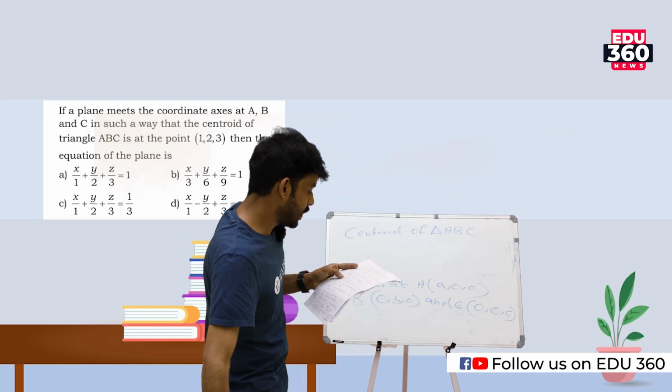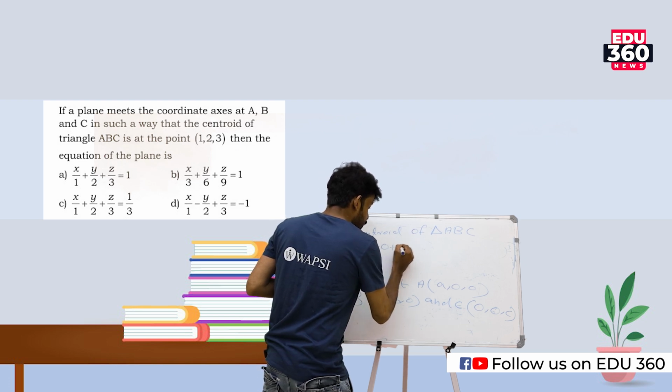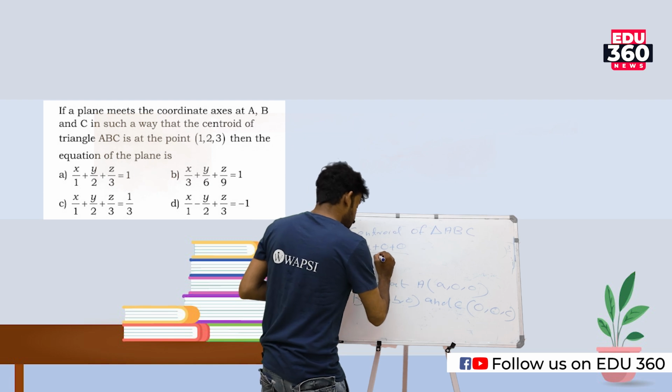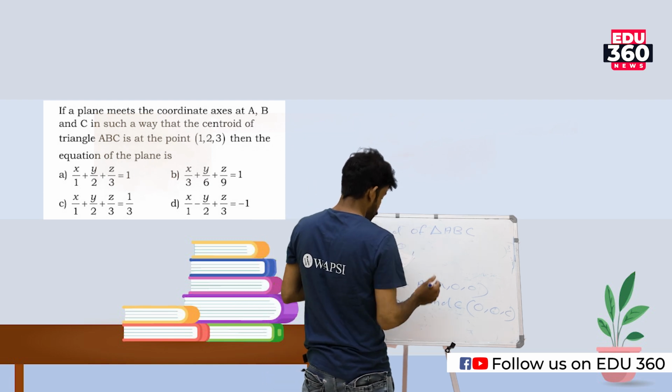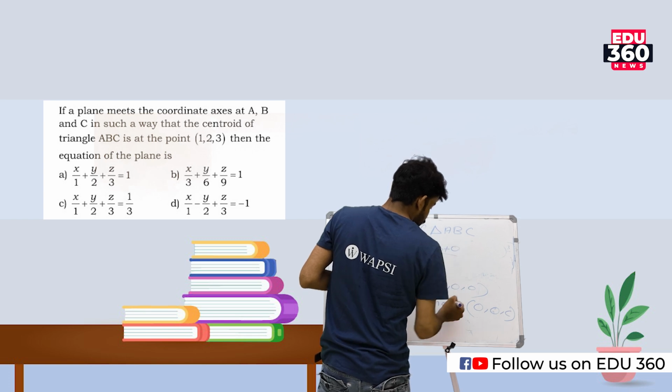The centroid of the triangle ABC is ((A + 0 + 0)/3, (0 + B + 0)/3, (0 + 0 + C)/3).